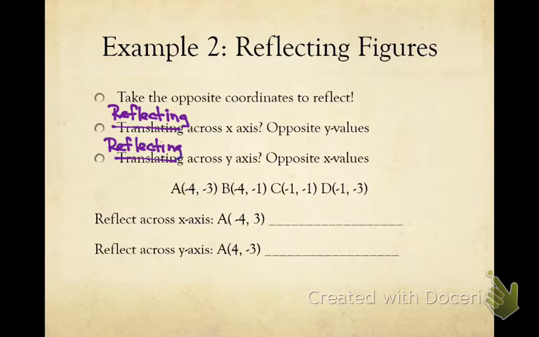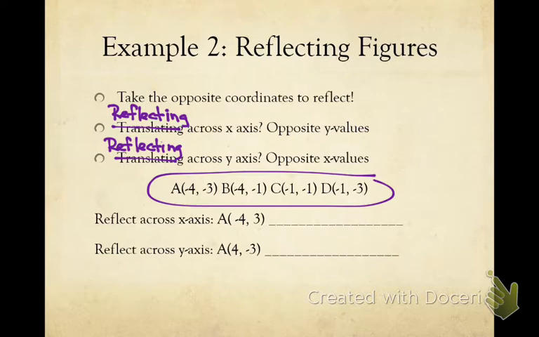If I am reflecting across the x-axis, I take the opposite of the y value. If I'm reflecting across the y-axis, I take the opposite of the x value. Here's what it looks like. Here's your set of ordered pairs. Imagine if I were to graph these and plot these points.